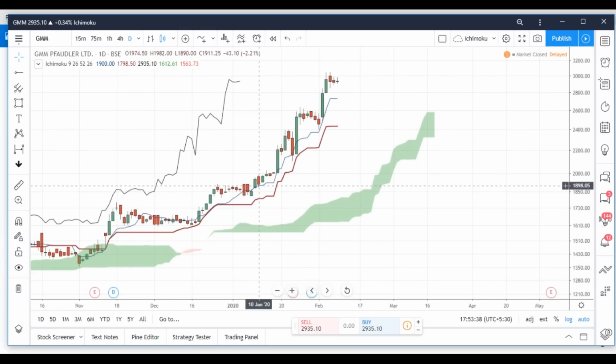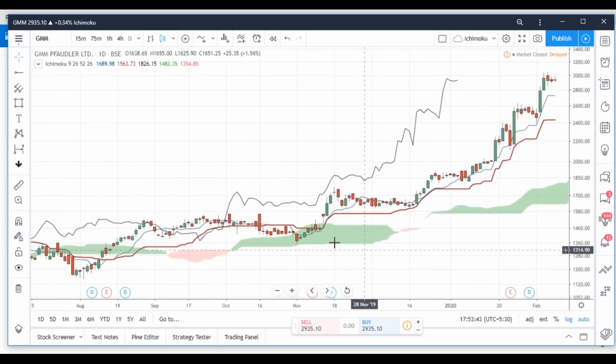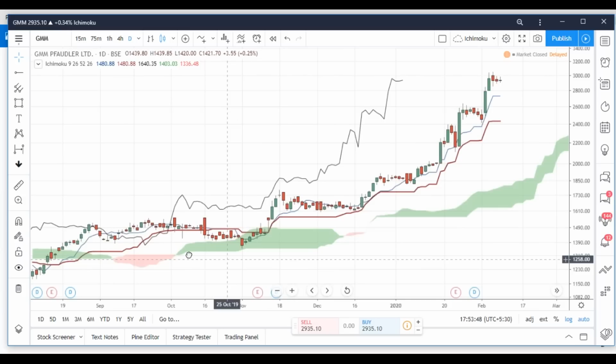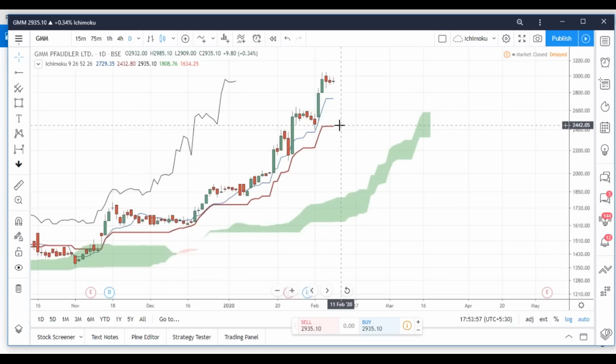TK also here. Then cloud bounce here. And I said, as a trend following strategy, one could still trail this stock with the stop loss of this Kijun. Yes, Tenkan breakout also.